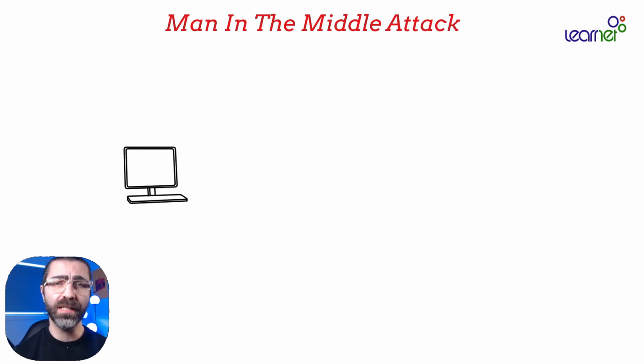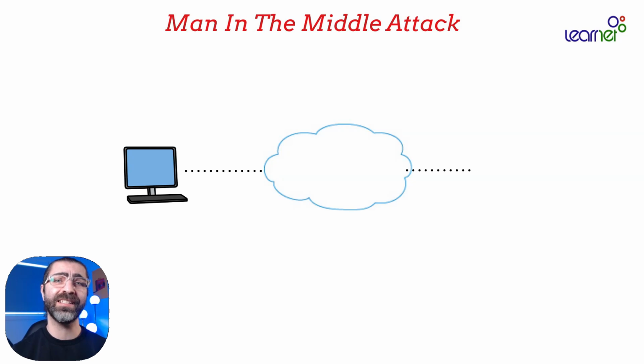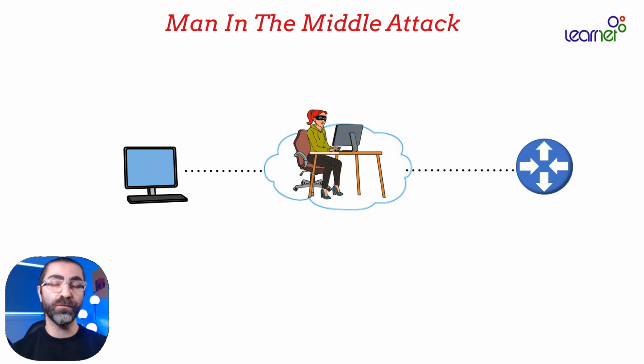You might have heard about man-in-the-middle attacks, or MITM for short. A man-in-the-middle attack simply means that someone sits between you and a destination and intercepts or sniffs your traffic. And so they will have one copy of the traffic that you're sending from your computer or any source to any destination.